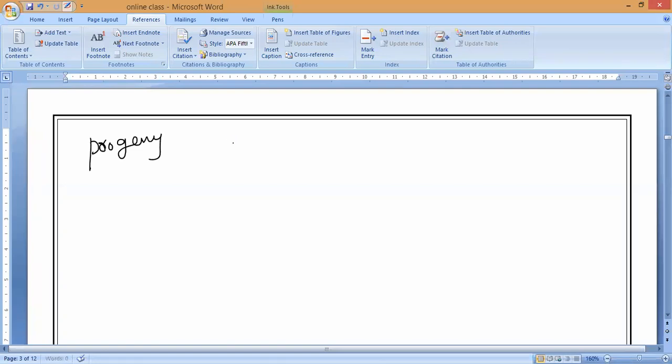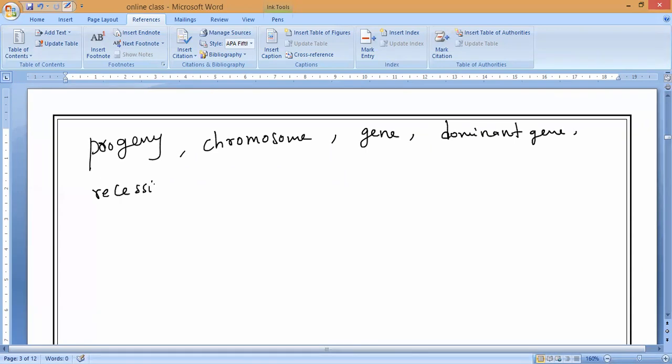Now next we should know the meanings of chromosomes. Everything we will study one by one. Chromosome, people already know. Next, you need to know gene, and dominant gene, and next recessive gene, and the next one is genotype.